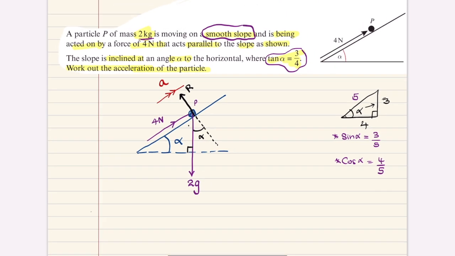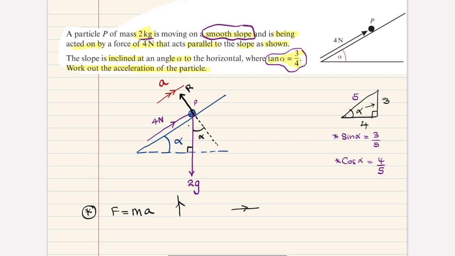Keep in mind, in any question related to force and friction or without friction, you have to apply F equals ma in two perpendicular directions. Generally, you would apply F equals ma upward, or horizontally.